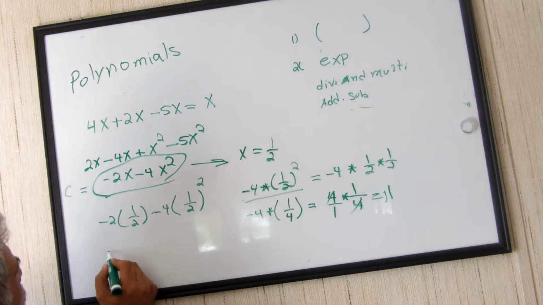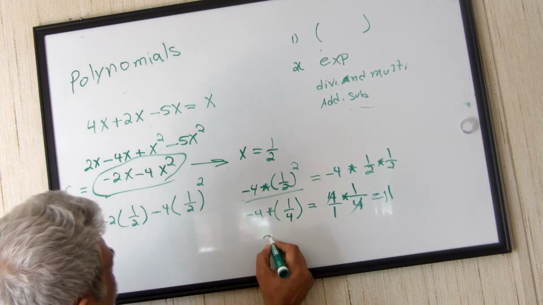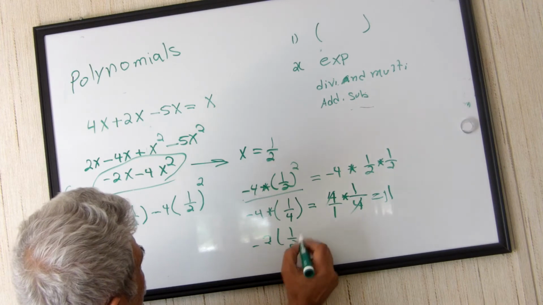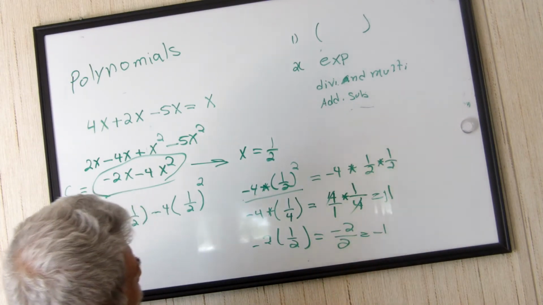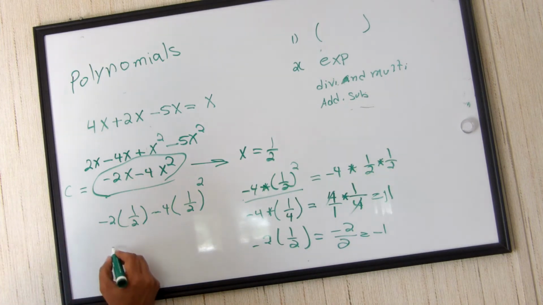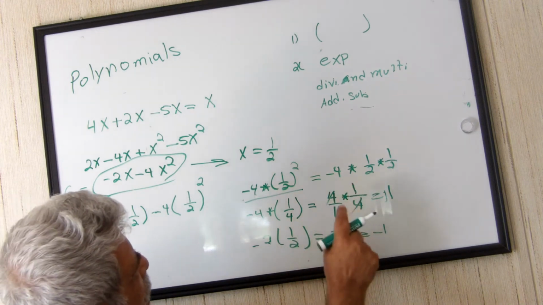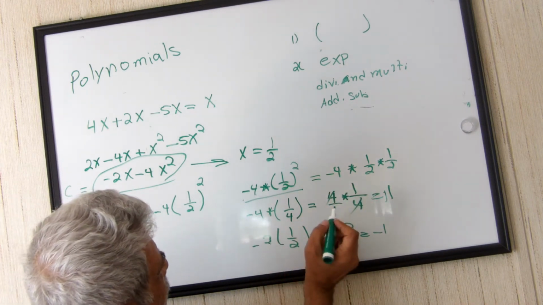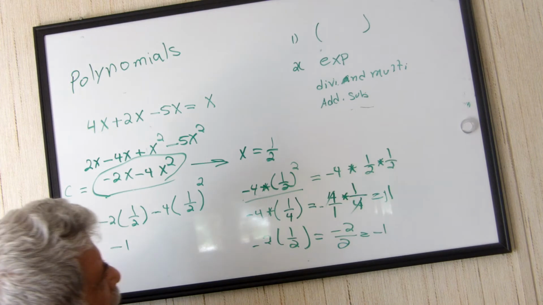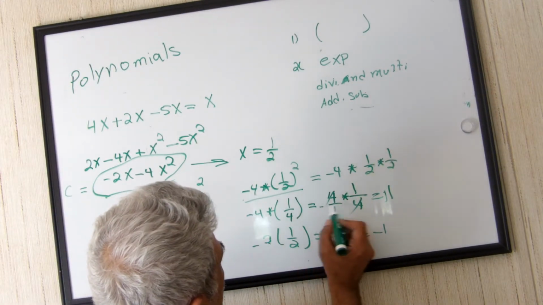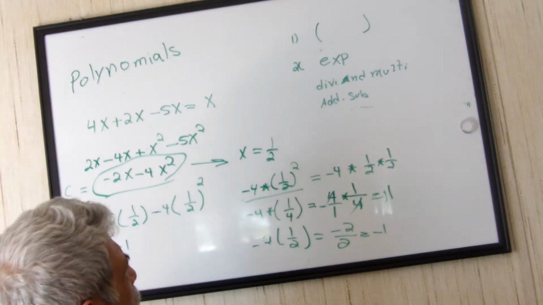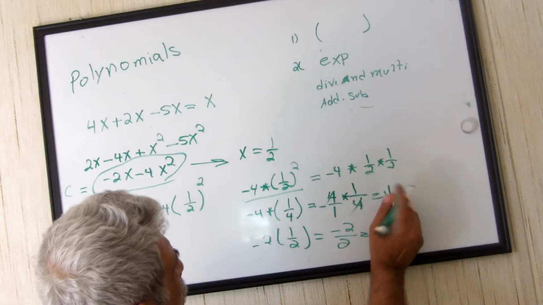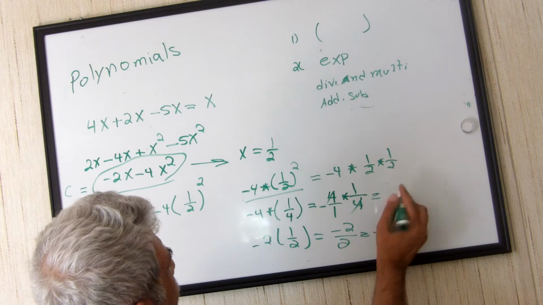So minus 2 times 1 over 2 is going to be minus 2 over 2, which is minus 1. So this is minus 1. And because we didn't write the sign, see, minus 4 times 1 over 4 is going to be minus 4 over 4, which is minus 1.